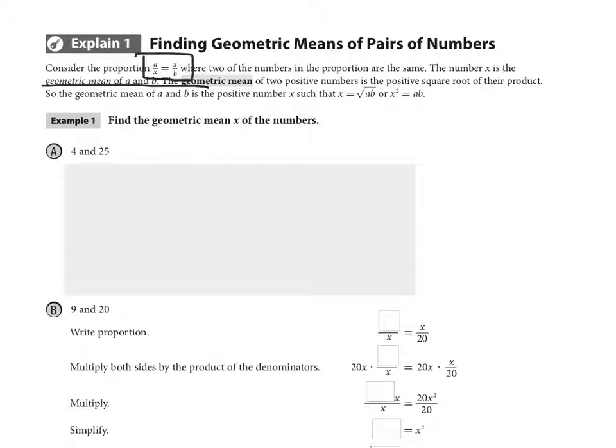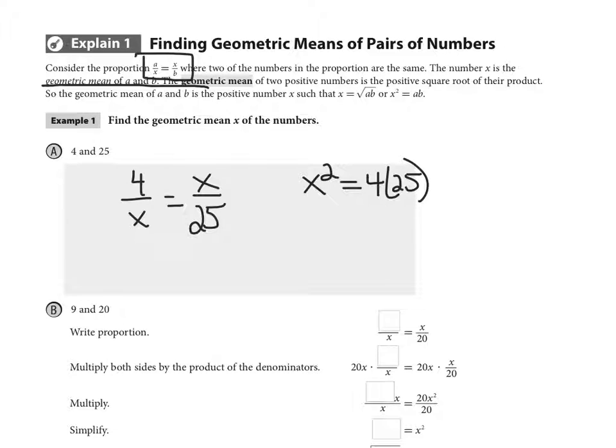I'm going to set this up as 4 is to x as x is to 25. And I get x squared equals 4 times 25, which is x squared equals 100.